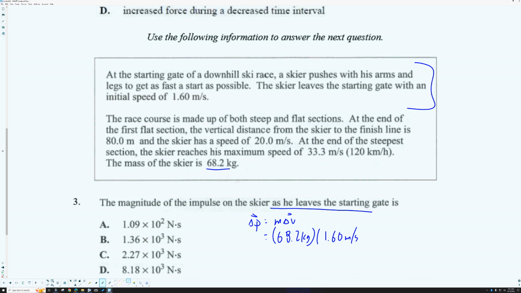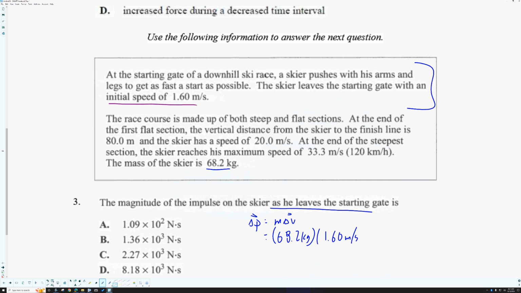It says here the skier leaves the starting gate with an initial speed of 1.6 meters per second. But we're not making that our initial speed. We're making that our final speed, or final velocity. This is the initial speed if we're analyzing the trip down the hill. But that's our final speed if we're analyzing the starting gate.